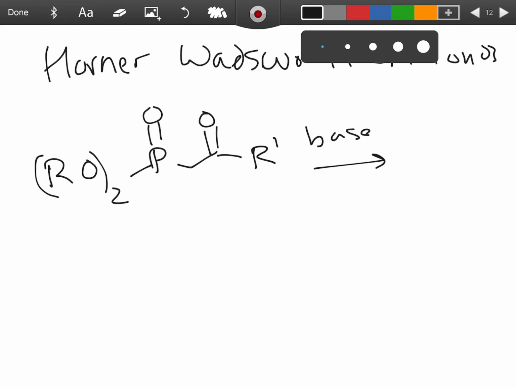These 2 hydrogens right here are very acidic because they're between 2 effectively carbonyl groups, right?